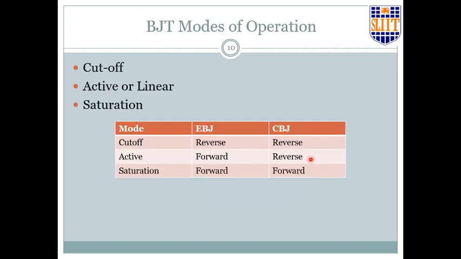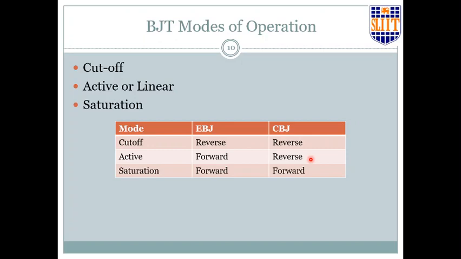Now the BJT has three types of operation. Cutoff is like a turned off switch. Then we have the other end, the saturation, which is like a turned on or closed switch, and the active or linear operation is in the middle.